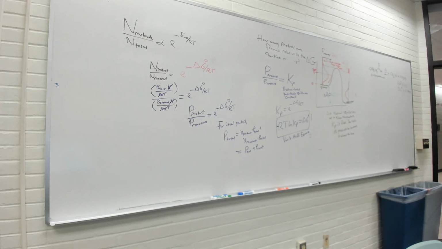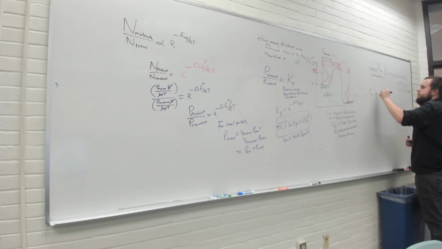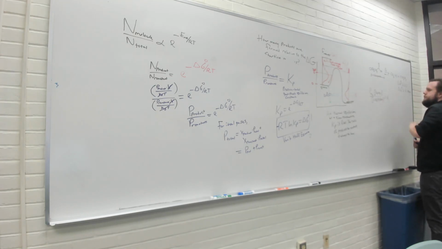But the fact of the matter is that the partial pressure of CO2 times the concentration of CH3CH2Cl divided by the concentration of our acid is fixed. It's fixed.